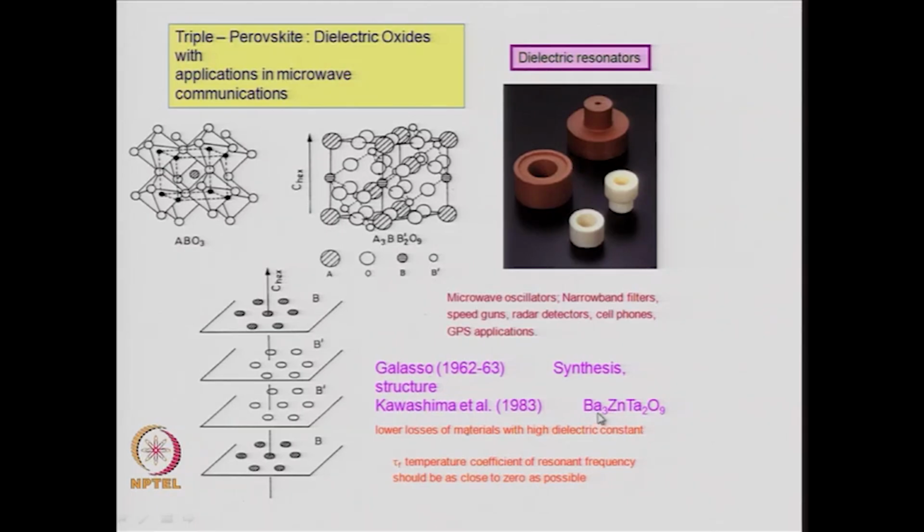and A can be strontium, barium, and the B and B' are typically transition metal elements. One has a size of the 3d transition metals, and the other metal is of the 5d transition metals. So, you can have a Ba3ZnNb2O9, and that is also a triple perovskite.